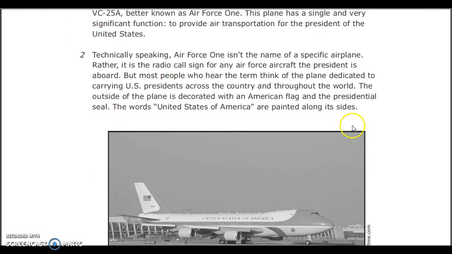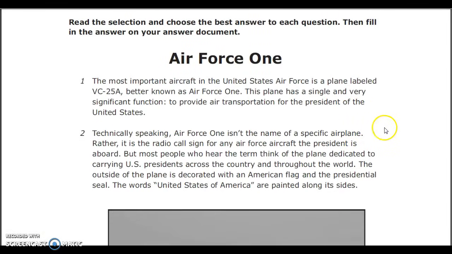So if I know I'm going to read an informational text, I need to be thinking about a couple of things as I read. I need to be thinking about main ideas and details. I need to be thinking about how would I summarize this, because I'm probably going to be asked a question about summary. I want to think about the author's purpose. Why did the author write this about Air Force One? I want to pay close attention to the visuals, right?